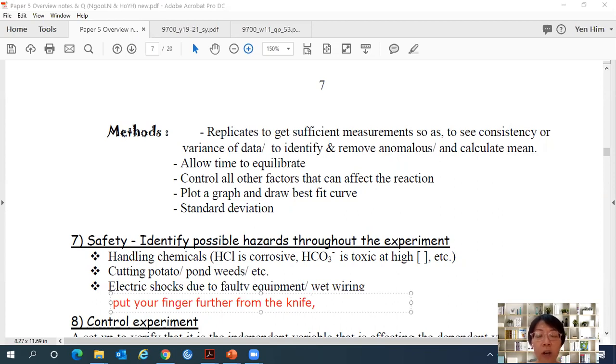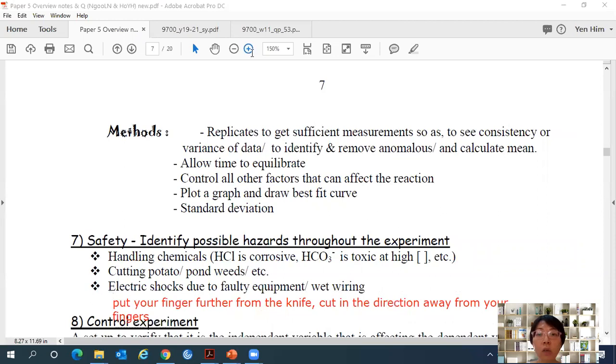Yes. You can also say that when you cut, you cut in the direction away from your fingers. Cut whatever you want to cut in the direction away from your fingers.